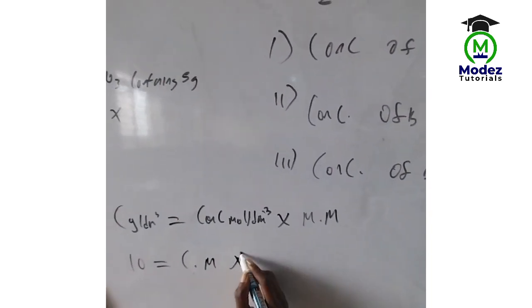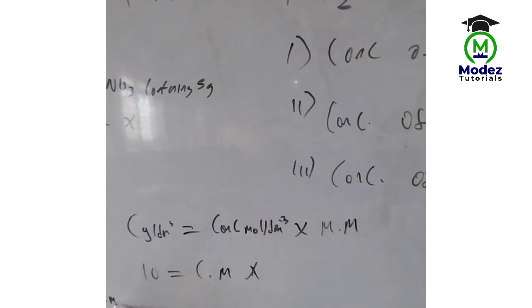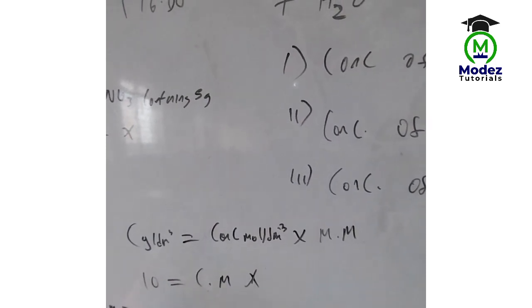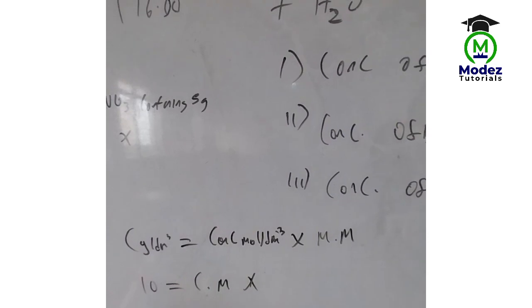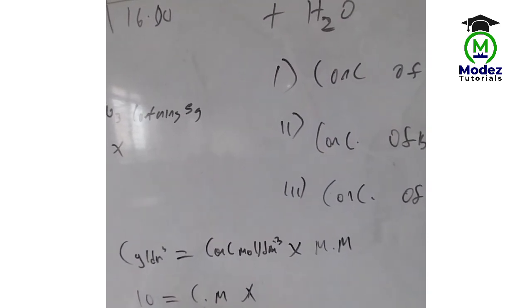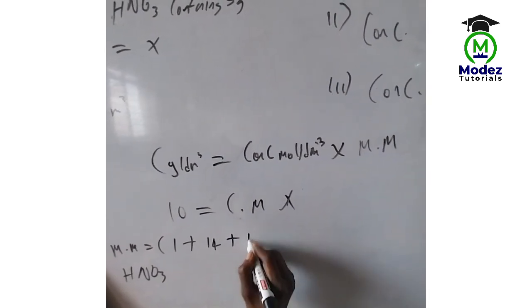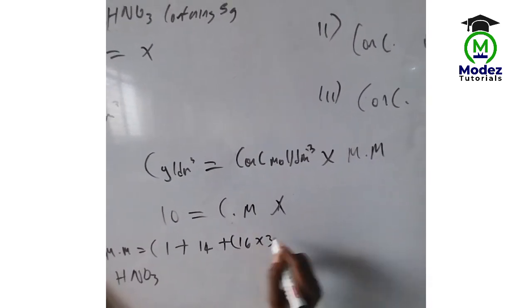Let's calculate the molar mass of HNO3. You have hydrogen as 1, nitrogen as 14, and oxygen as 16, 16 times 3.